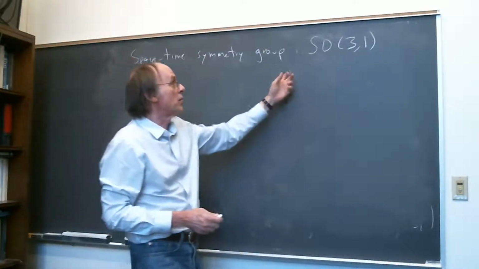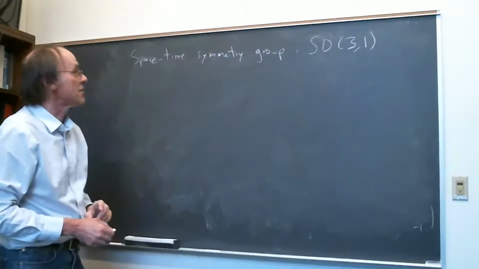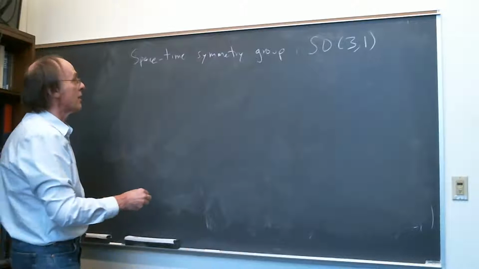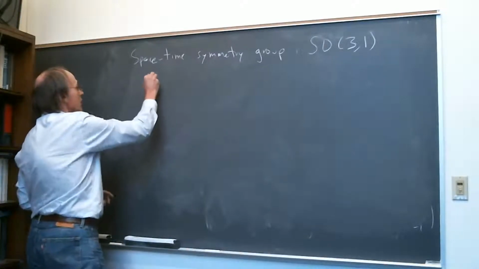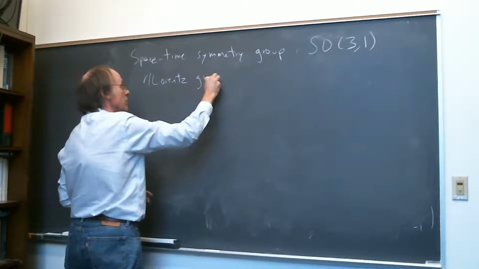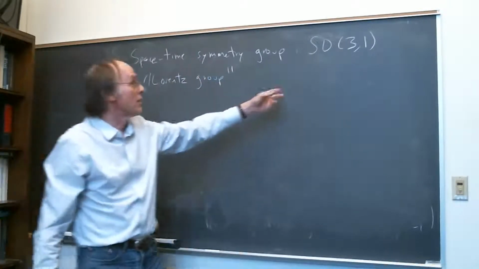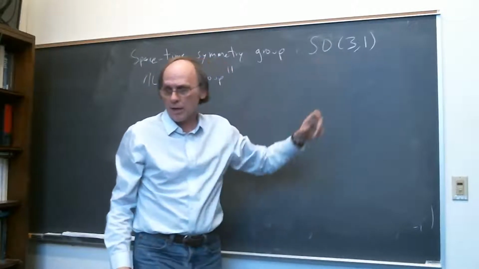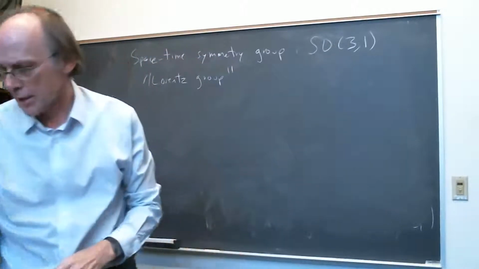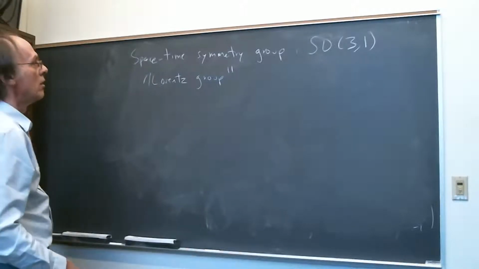But since we have a weird inner product, it's this group we have to get used to, and this is called the Lorentz group. So when I say Lorentz group, it's going to mean this guy.